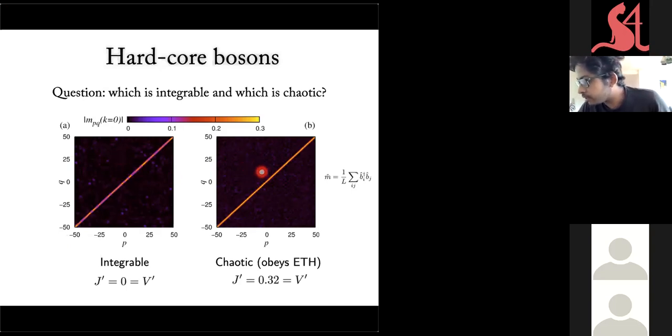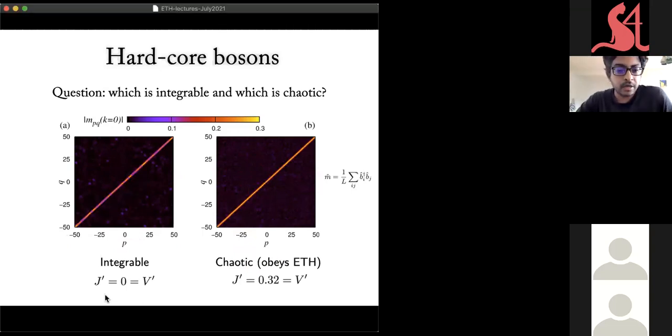Whereas if you look at the plot on the right, almost all of the off-diagonal elements are small, but they are non-zero. This is the way you can visually recognize that this is chaotic and this is the one which is integrable.